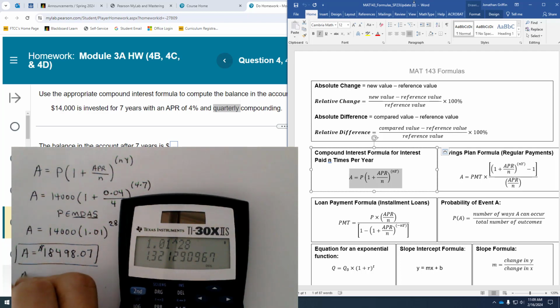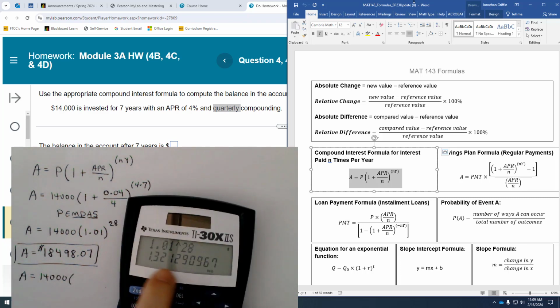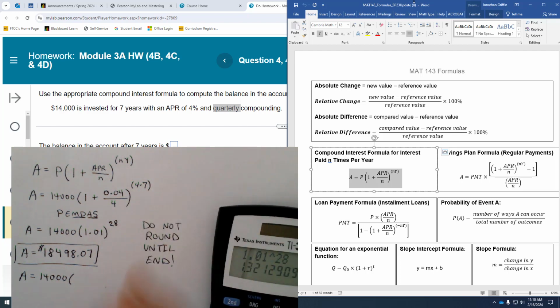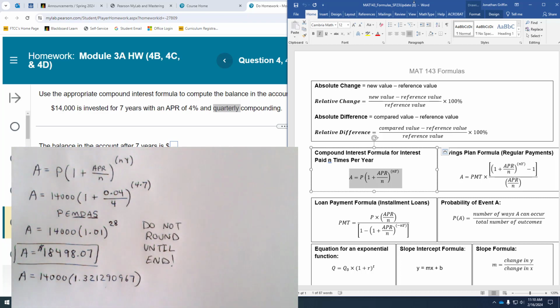But for the sake of the next video, just to show our work, I would actually write that all the way out, 1.321290967, and then multiply that and get this answer. So there are some cases where I am going to write down everything in the calculator, but I'm not going to round it to 2, 3, or even 4 decimal places. I'm going to write down everything that the calculator shows me, and that's going to help us in the next video.